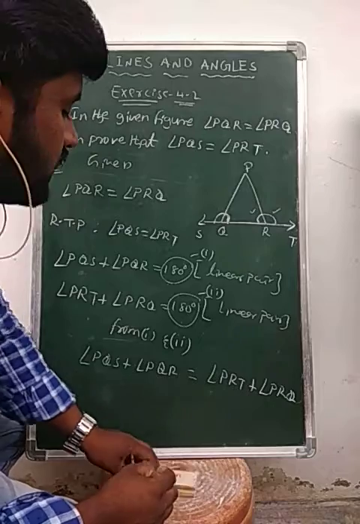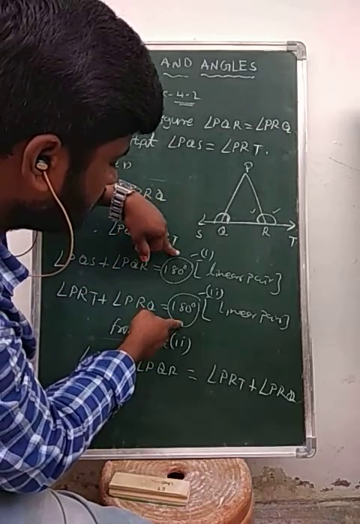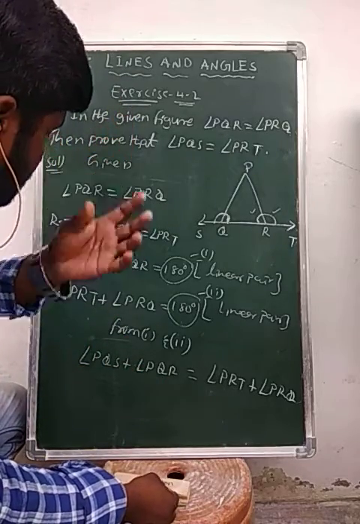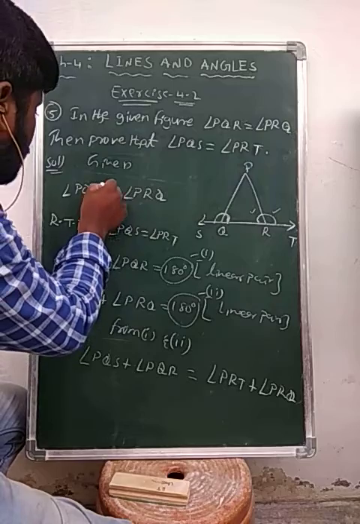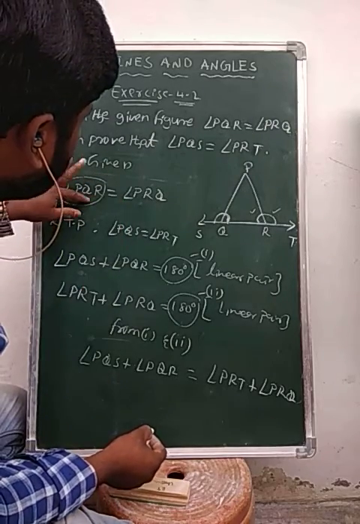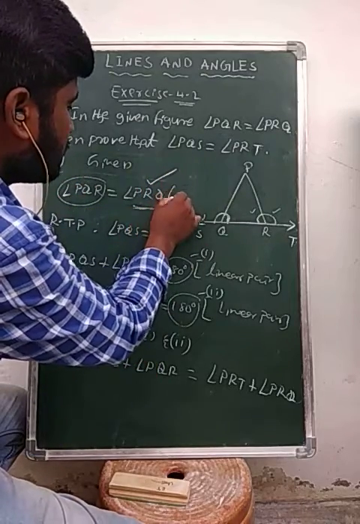Okay, I have written it like this. When the RHS are equal, then the LHS are also equal. But we know that angle PQR, what is given in the data, angle PQR is equal to PRQ. This is given.